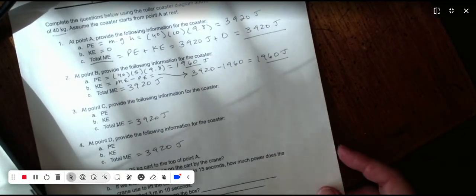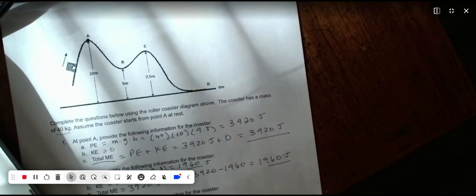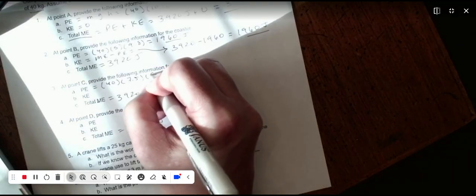All right, and then point C is at a 7.5 meter height. So that's going to be 40 times 7.5 times 9.8, and that's going to give me 2,940 joules of potential energy.